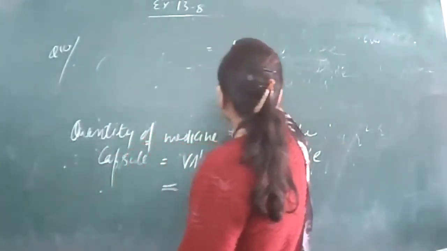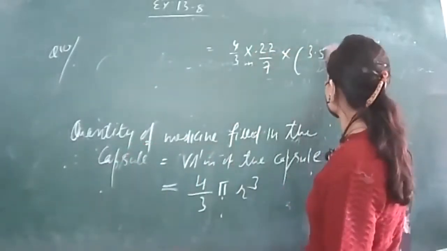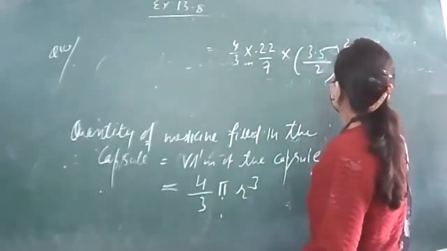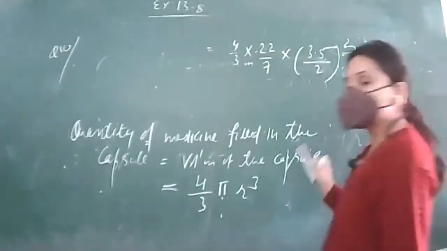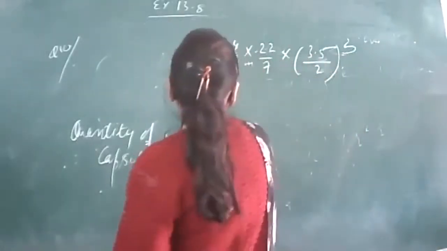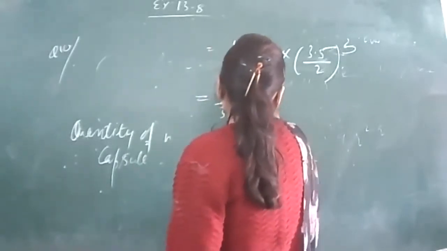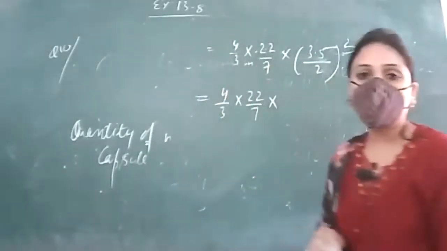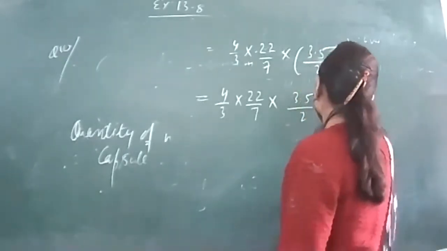4 by 3, 22 by 7, and r was 3.5 cube, right? So this is further equals to 4 by 3, 22 by 7, and then 3.5 over 2, three times.